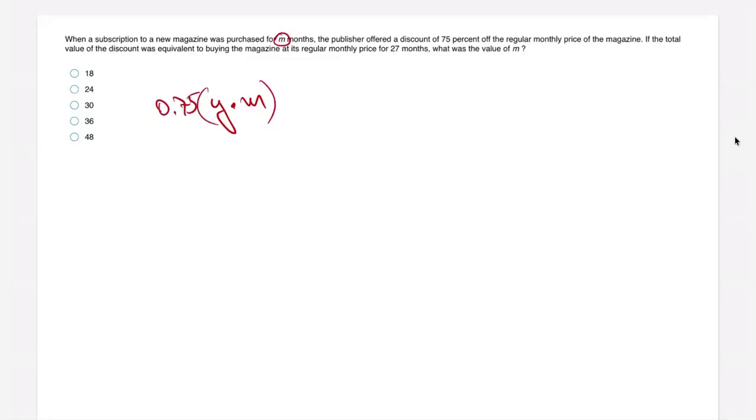So you pay 75%. If the total value of the discount was equivalent to buying the magazine at its regular monthly price for 27 months times the normal price, what is the value of this quantity of months?